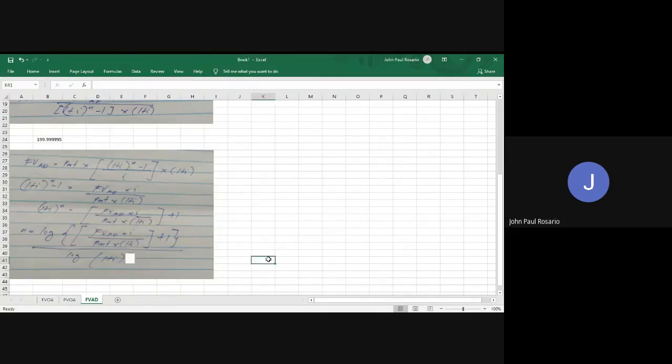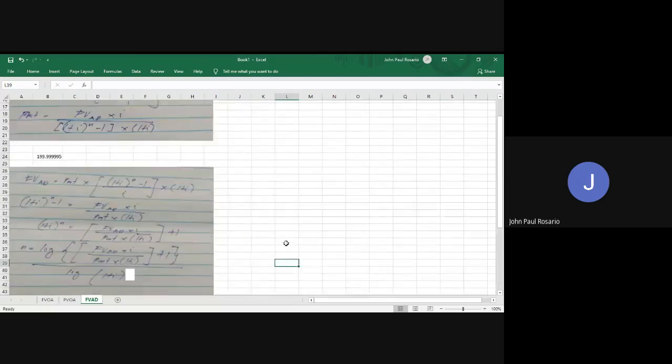Okay. Did you follow the solving of 1 plus I? Grab your calculator, substitute, and solve for n.